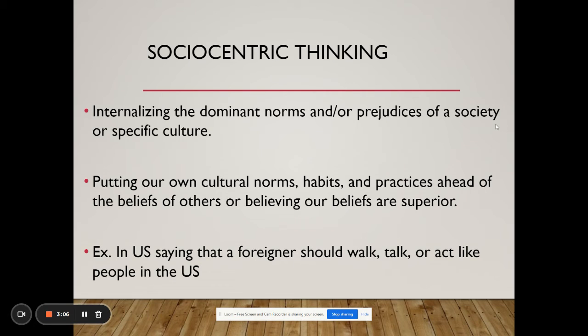If you've ever heard somebody say, if you're in the United States, you should only talk, walk, and act like people in the United States. Well, we don't have an official language in the United States, but there are people who engage in sociocentric thinking and believe that everybody in the United States should speak English. That is sociocentric thinking. When you do that, you inhibit your ability to critically think.